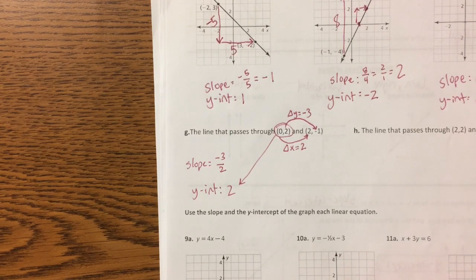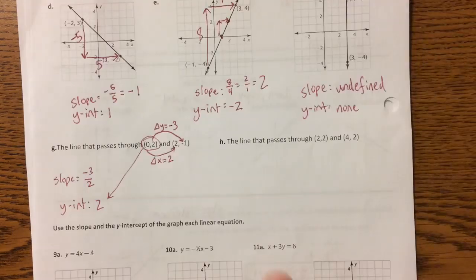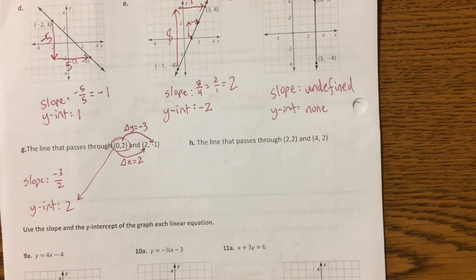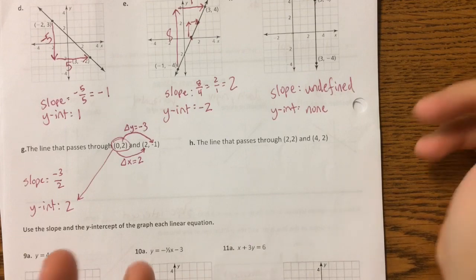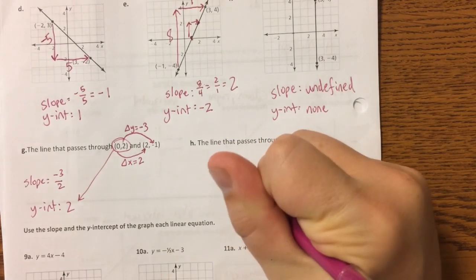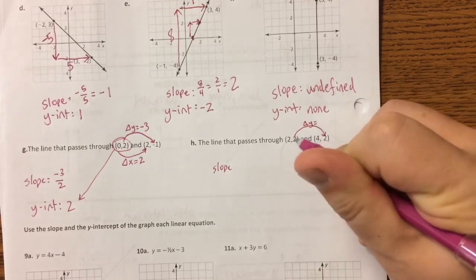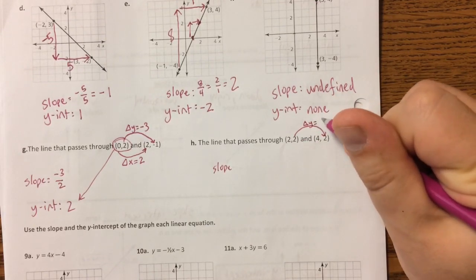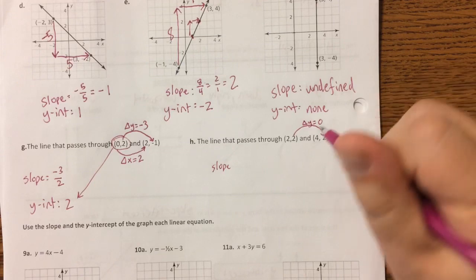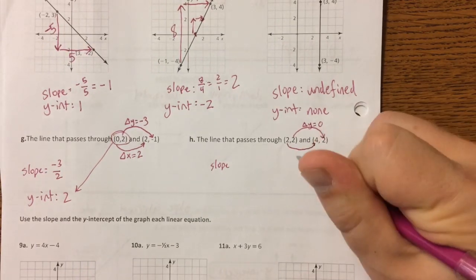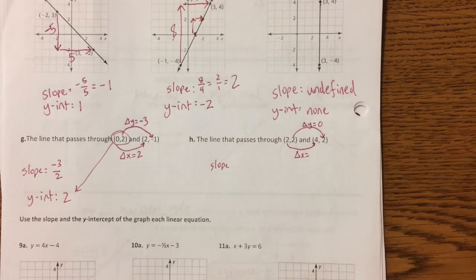All right. The line that passes through (2, 2) and (4, 2). Let's first try to figure out what the slope is. My change in y is what? From 2 to 2, 0, right? I don't add anything. But how do I get from 2 to 4? What's my change in x? 2, right?